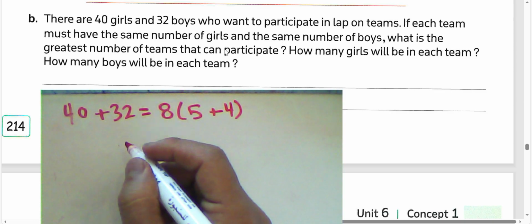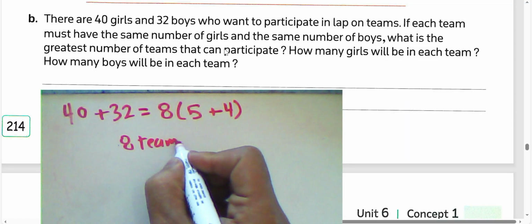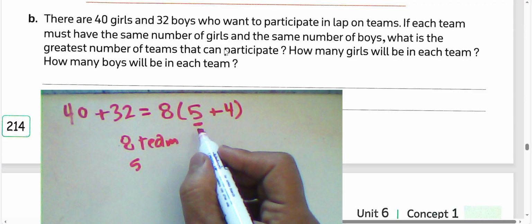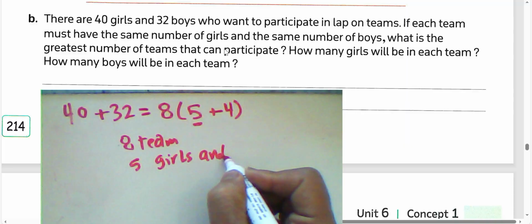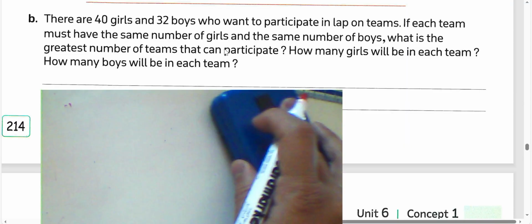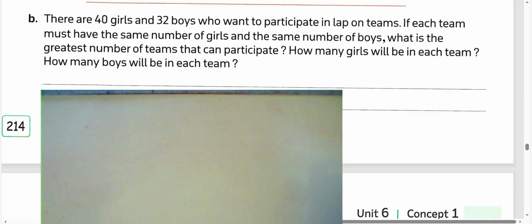We have 8 teams. Each team contains 5 girls and 4 boys. Okay, understood.